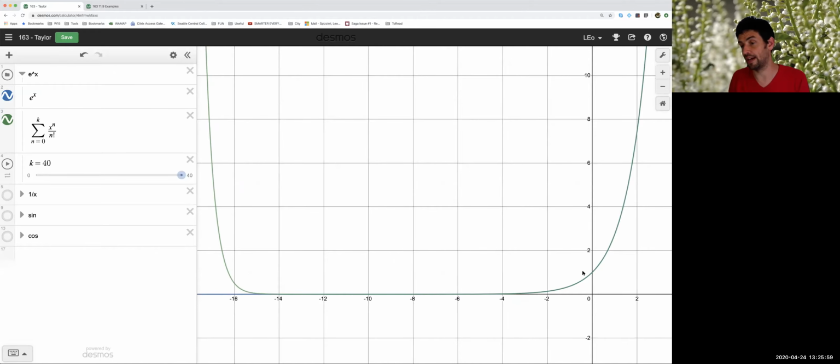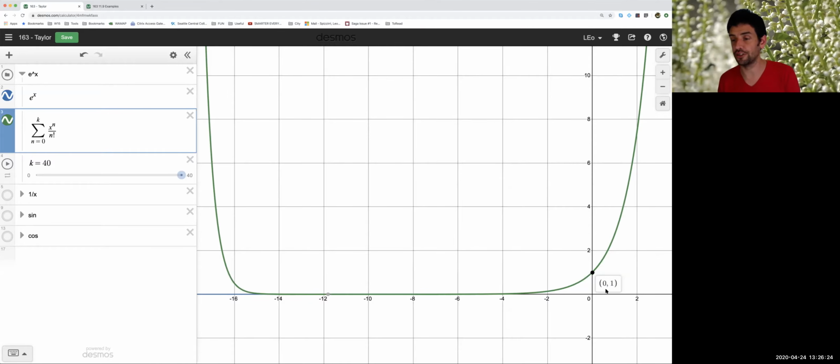Also, I should point out what's happening is our series doesn't necessarily match our function in all these places where it kind of looks like it does. It's just that we can't see it close enough. Every time I add terms, I'm getting closer to matching everywhere. The only place I'm guaranteed to match all the time is at 0, where we built it. Everywhere else, it's an approximation. Occasionally, it might hit the line here or there, but everywhere else, it's usually an approximation.